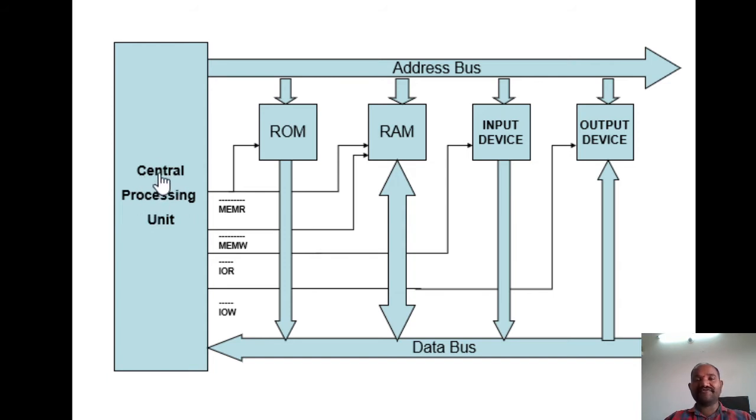After decoding the information from the hexadecimal to the binary number system, only then will the microprocessor come to know what kind of operation it needs to perform, whether it is a read operation or a write operation. Based on the decoded information, the microprocessor generates one of the control signals to perform a particular operation related to one of the devices, based on the instruction fetched from the ROM.